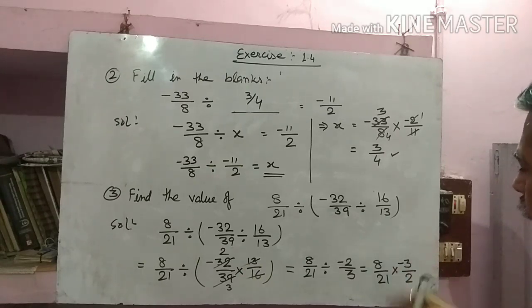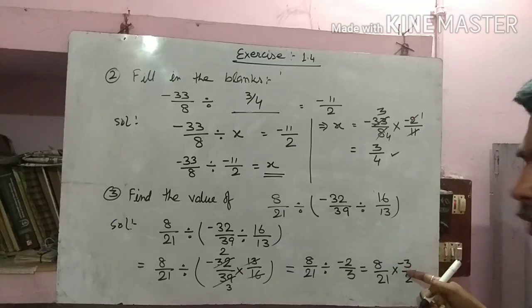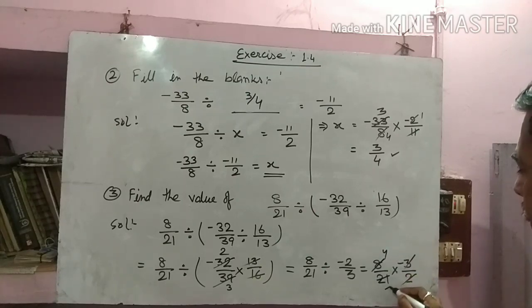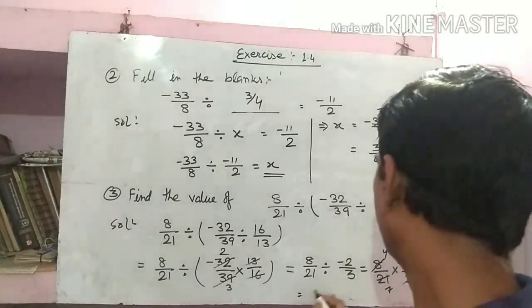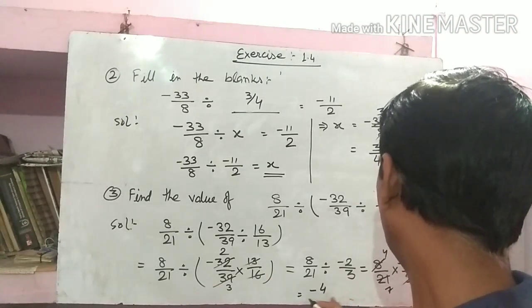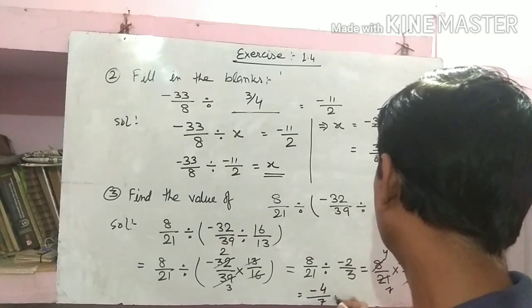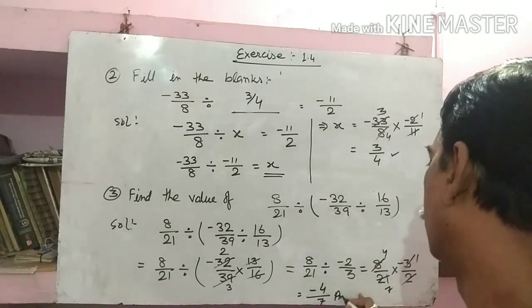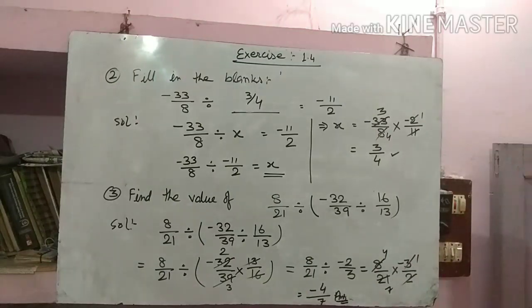That's why I have placed the negative sign with the numerator. Then what will we get? 2 4s are 8 and 3 7s are 21. Then 4 into minus 1 becomes minus 4 by 7. So this is the answer. Okay, write this one also.